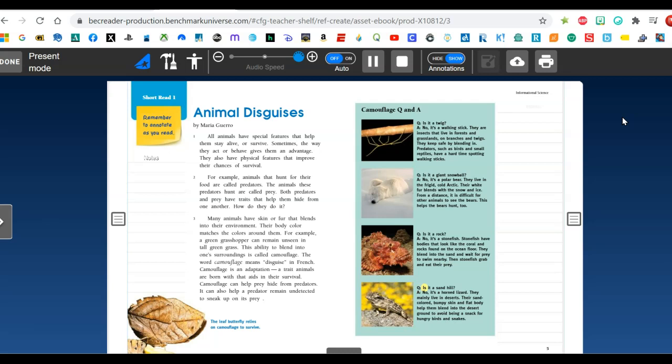Q: Is it a sandhill? A: No, it's a horned lizard. They mainly live in deserts. Their sand-colored, bumpy skin and flat body help them blend into the desert ground to avoid being a snack for hungry birds and snakes.